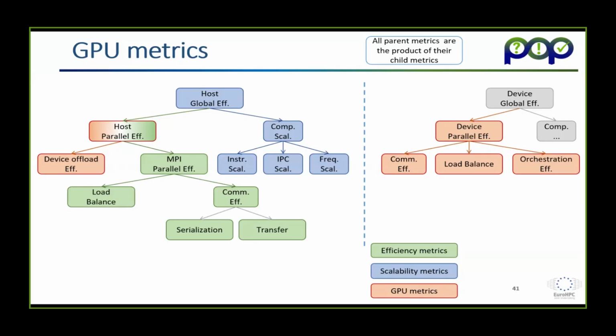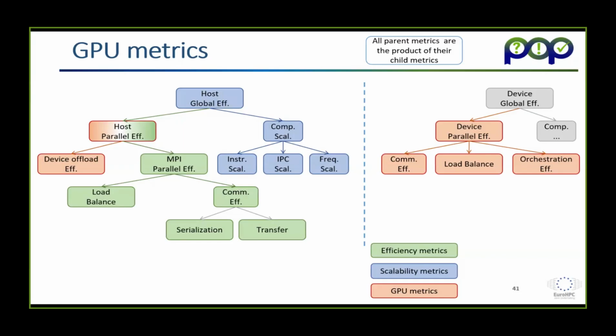And then on the device side, we would have something similar to what we had here, computation and parallel efficiency. So we have the computation scalability of the device and the parallel efficiency of the device. The parallel efficiency of the device will tell us how much time I'm doing useful work in the device, and the computation scalability will tell us how well I'm using the resources of the device.